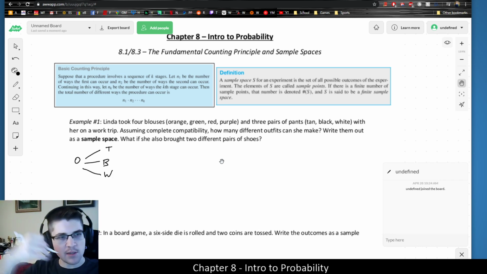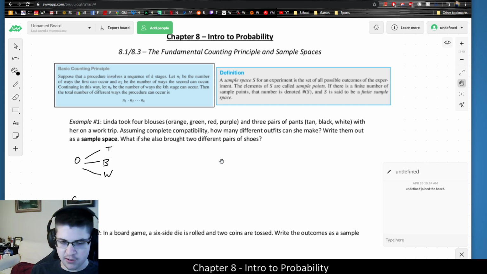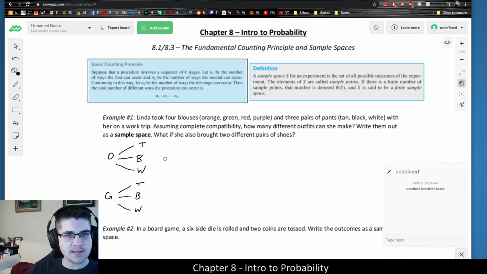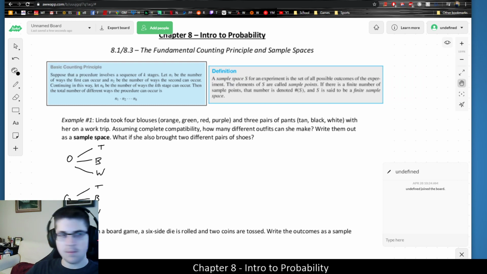Each of the lines we could view as a representation of a particular outfit. But she could also choose to wear the green shirt, and in that case, it could be a combination of either green plus tan, green plus black, or green plus white, and so on. We could keep illustrating these pairings by using a graph.